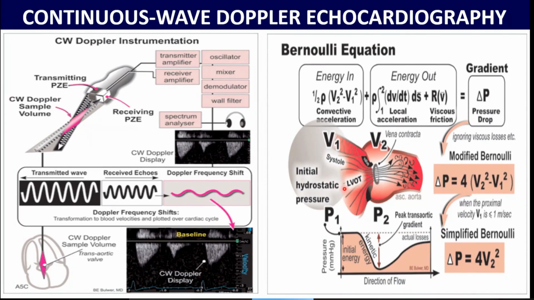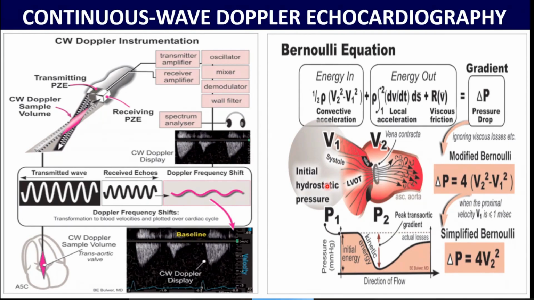The potential energy contained in the blood will be converted into kinetic energy, and as a result there is a loss of pressure here. To calculate the pressure difference, there is a pressure drop which occurs across the flow through the narrowed orifice.